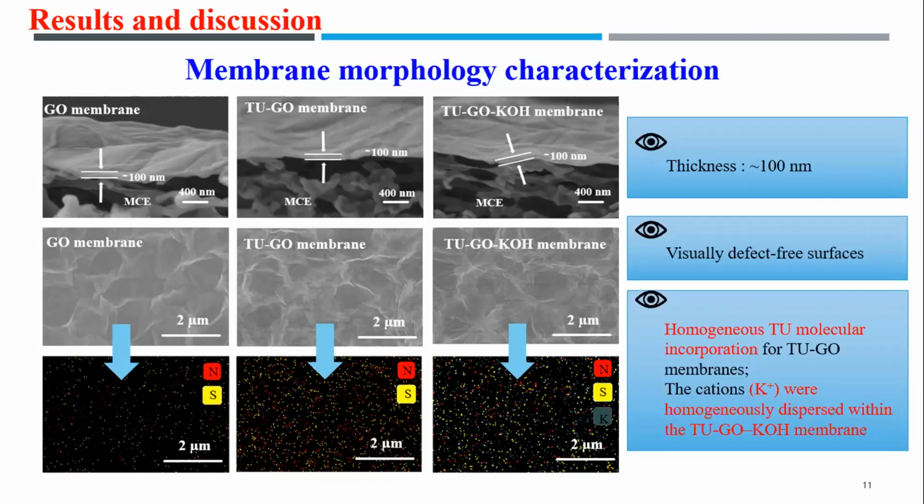We further used EDS mapping to confirm the homogeneous side-zero molecular incorporation in the side-zero graphene oxide membranes, and the potassium ions were homogeneously dispersed within the side-zero graphene oxide potassium hydroxide membranes.